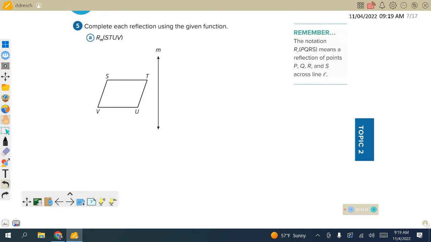So that when I flip my patty paper, I adjust it so that line M is on top of line M. And then slide your pencil underneath that patty paper and label where your S, T, U and V primes should be located.